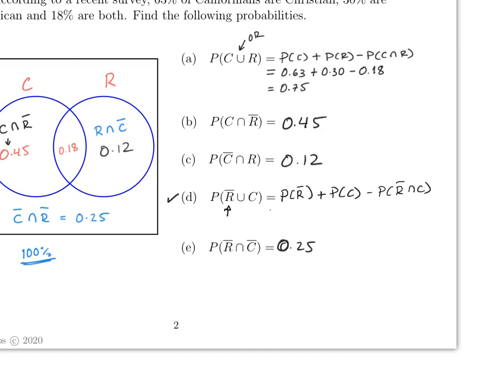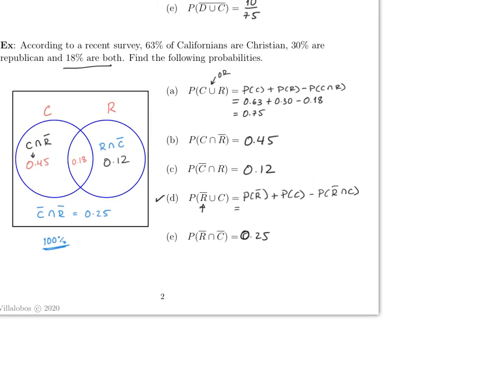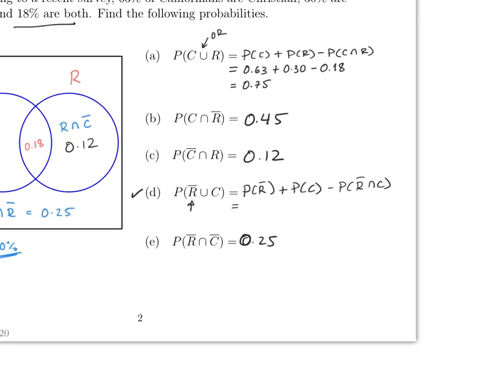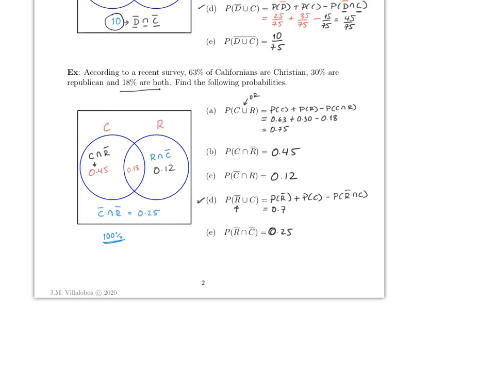You already have all the information in here or in here. If the probability that somebody is Republican is 30%, which is here, and it's also given here, then the probability that somebody is not Republican has to be 70%, which you can also see from here and here. If you add these two, it will give you 0.70.